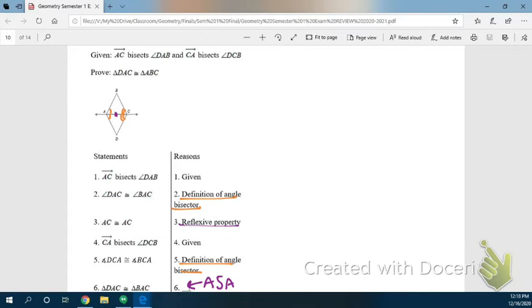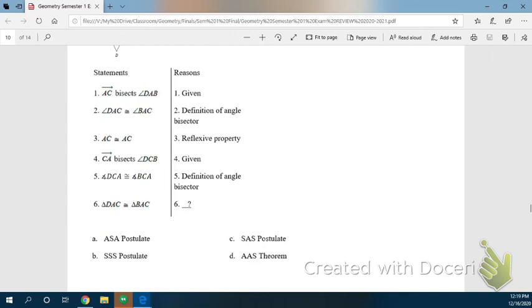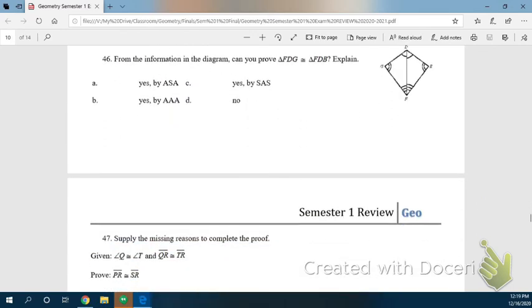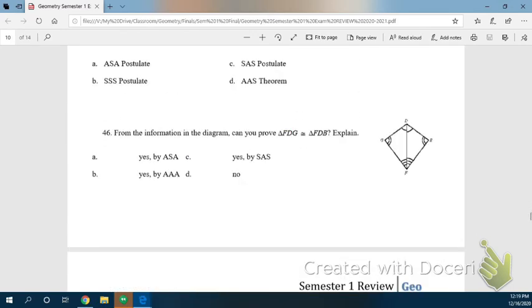Number 46 says, from the information in the diagram, can you prove that the triangles are congruent? We have that the angles are all the same, but there is not an angle, angle, angle for congruence.